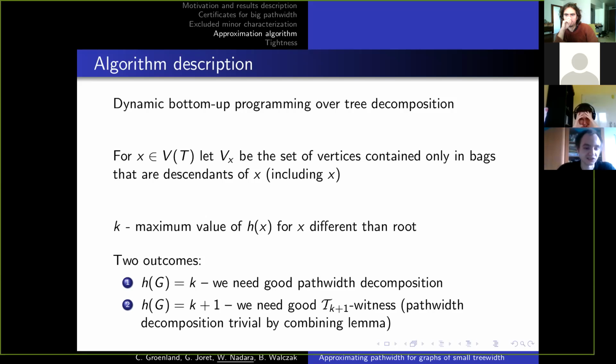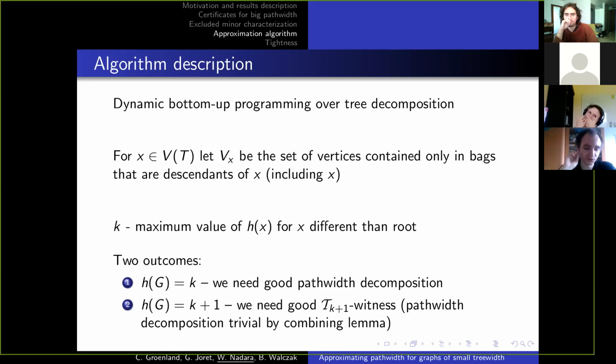We set h to k plus 1, and we want to provide a T_{k+1} witness. In that case, a path decomposition is actually very easy to find because it can be bigger by t than what we needed in our children. So we can use the combining lemma, where the backbone is a single root bag.